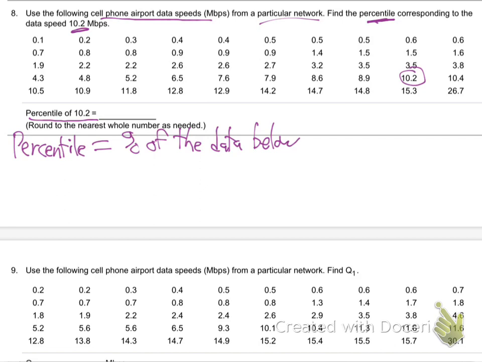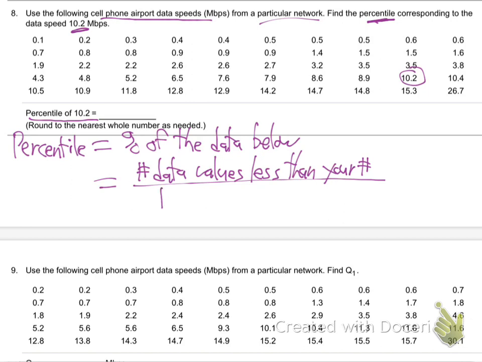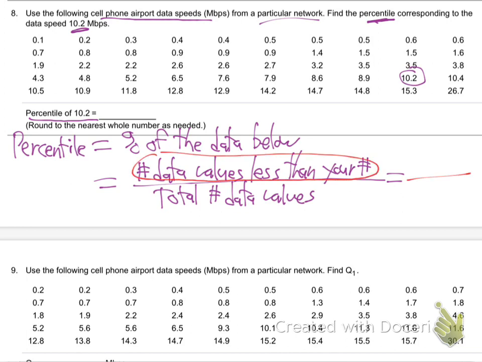In other words, it equals the number of data values less than your number over the total number of data values. Okay, so let's figure that out. What is the number of data values that are less than your number? So we're doing 10.2.